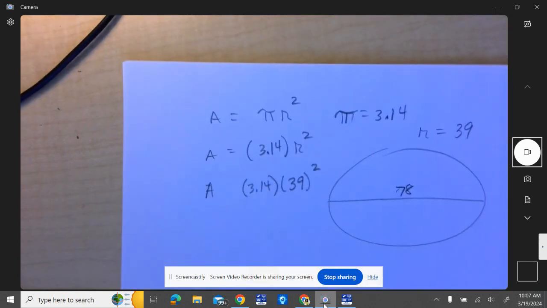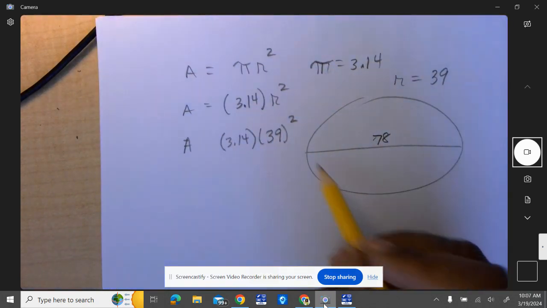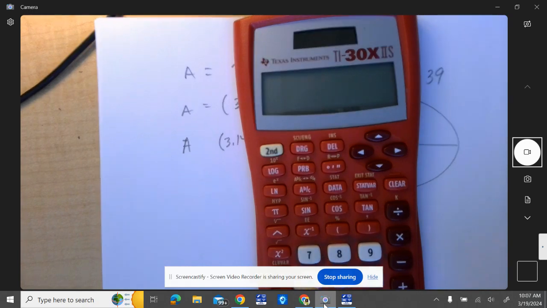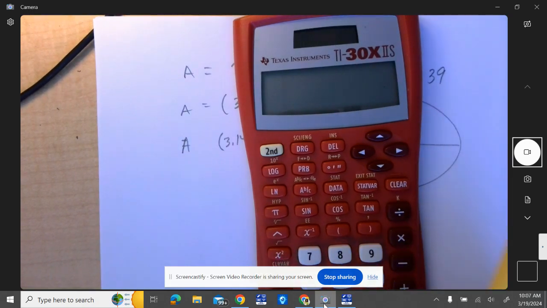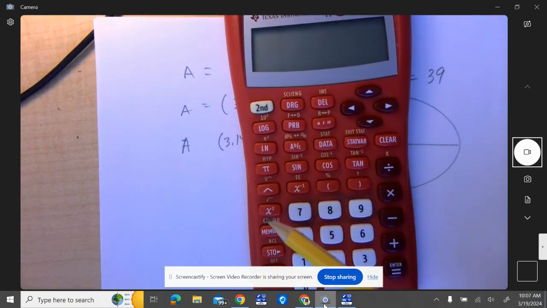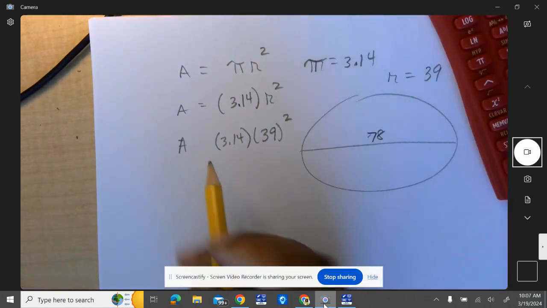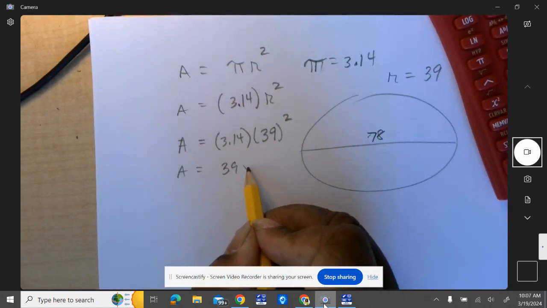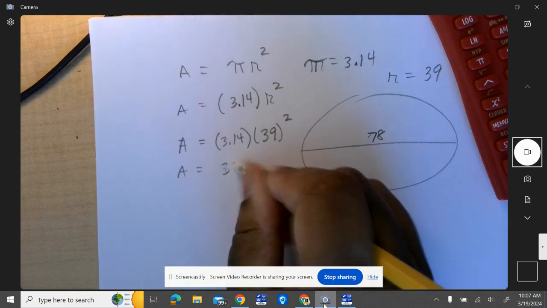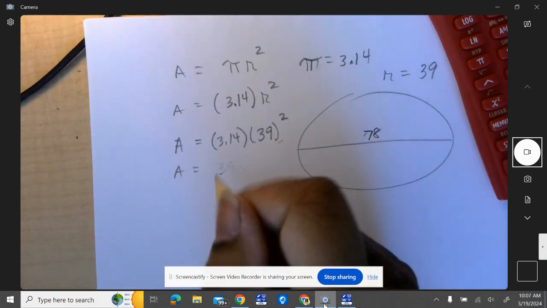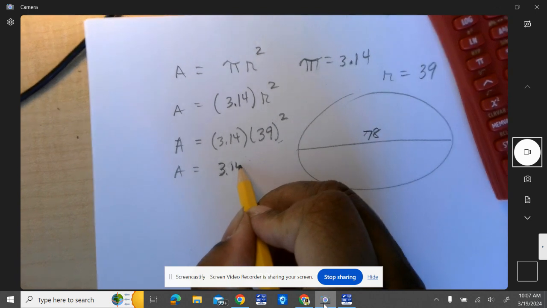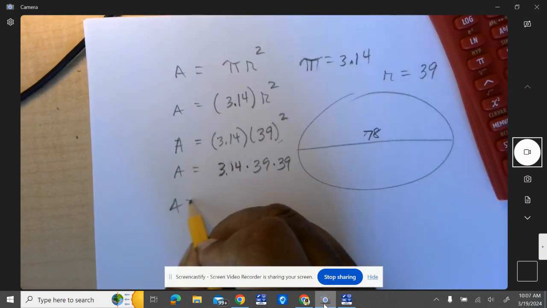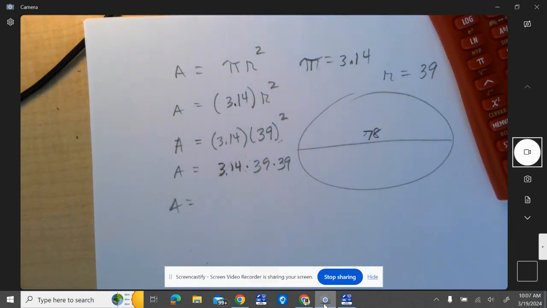Okay, so then in your calculator, you can use the square button. There is a square button in your calculator right here. But if you don't want to use it, you can just do times 39 times 39. And then you'll have your area.